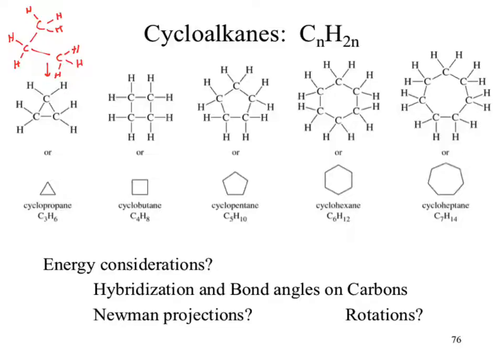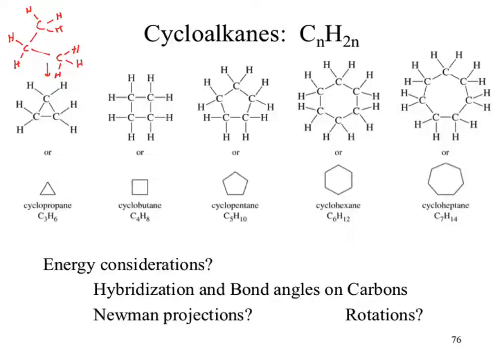Well, if we look at how it's drawn, we'd say, oh, it's flat. Except what happens? We'll notice that we get lots of rotation with the carbons in the cyclohexane. What do all of those different rotations mean? Look at your Newman projections. What happens as I do those rotations? Do I get different Newman projections?